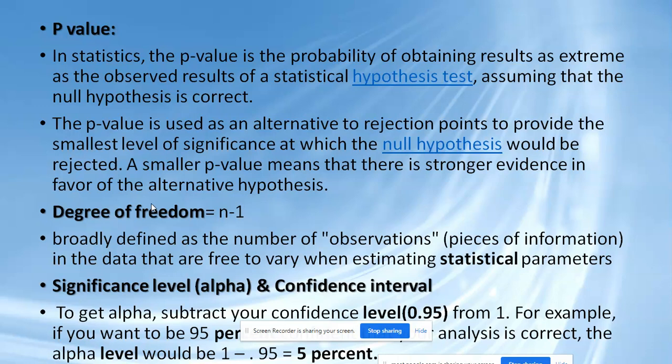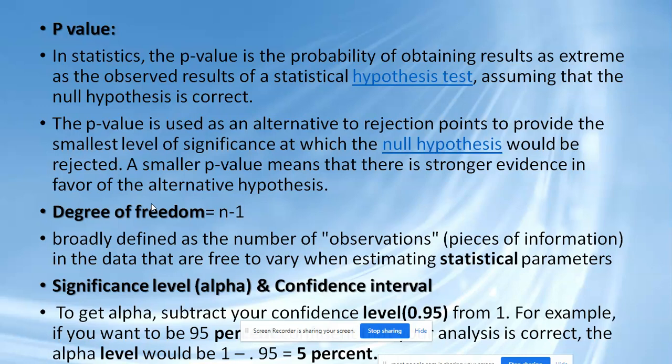That means you are collecting the data from 300 respondents, then your n is equal to 300. Okay, so degree of freedom is nothing but n minus 1. So n minus 1 is 300 minus 1, that is 299, your degree of freedom. Okay, so degree of freedom is always sample size minus 1.